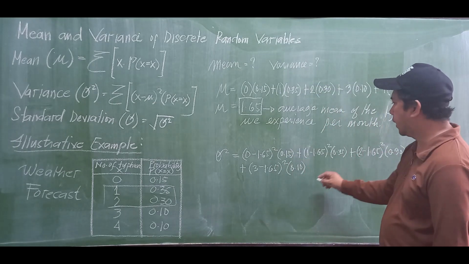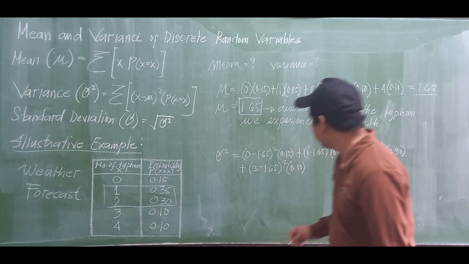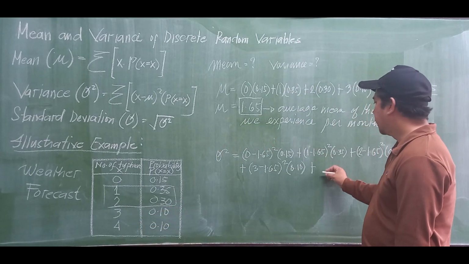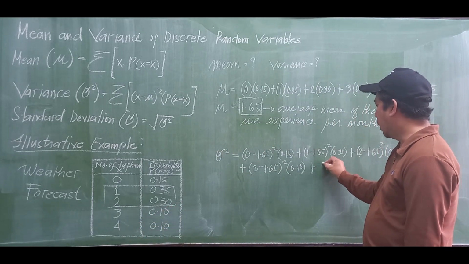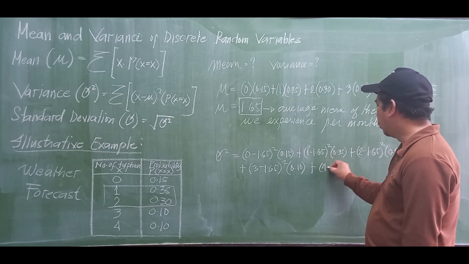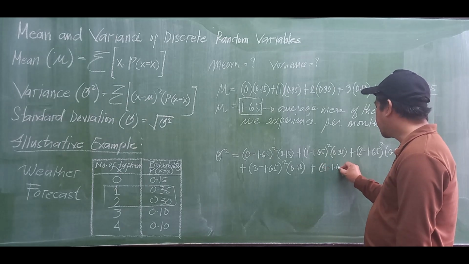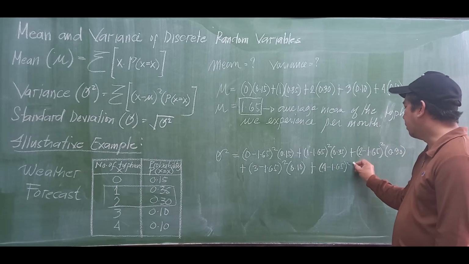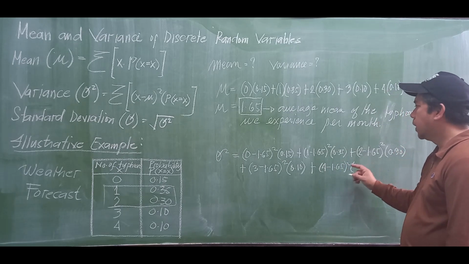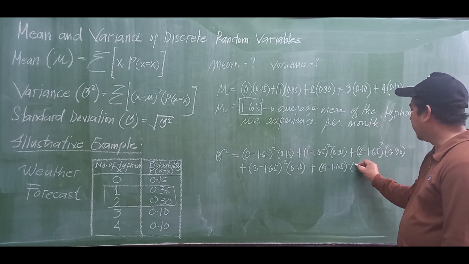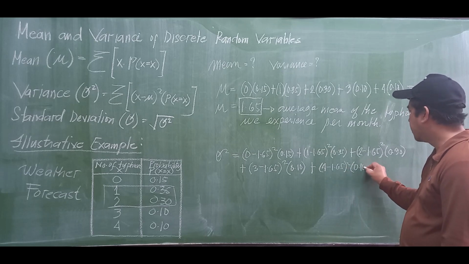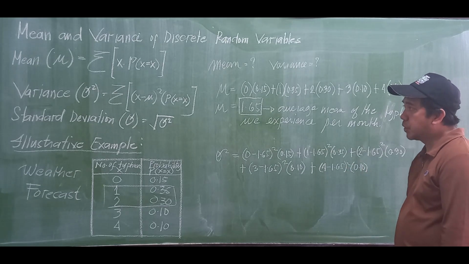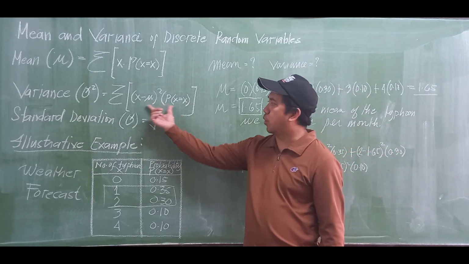So again, plus 4 minus 1.65 raised to the second power multiplied by its corresponding probability, 0.10. So notice, what we follow is actually this one.